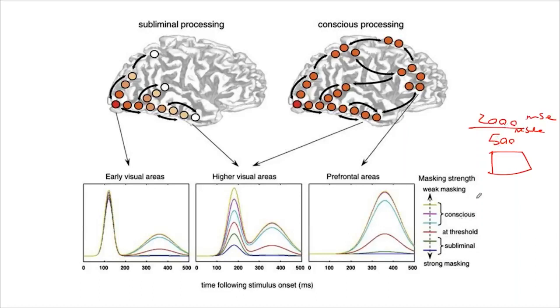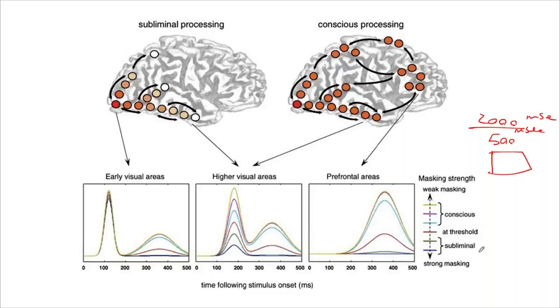When you give them enough time, they consciously see what is happening. But when you give them a lower amount of time, something like 50 milliseconds, they just see something, but they cannot tell you what they are seeing.